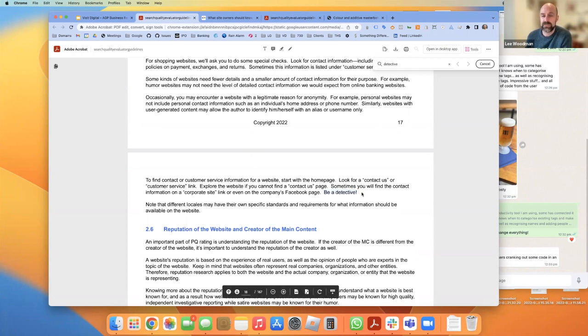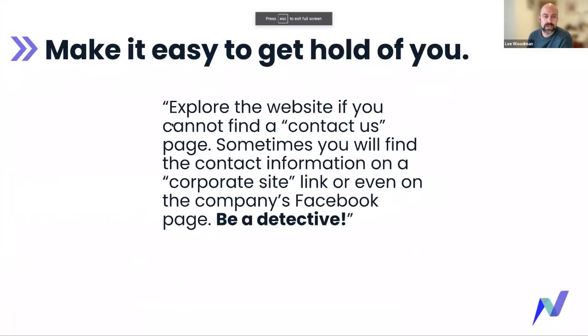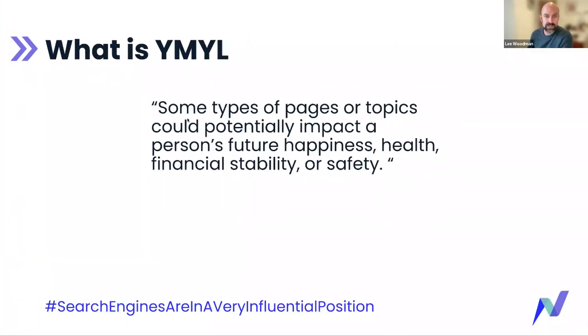And it makes sense, if somebody's buying something from you and you're hiding your contact details, that's a problem. So yeah, make it easy to get hold of you, customer service, help. So the definition of YMYL: some types of pages or topics could potentially impact a person's future happiness, health, financial stability, or safety.